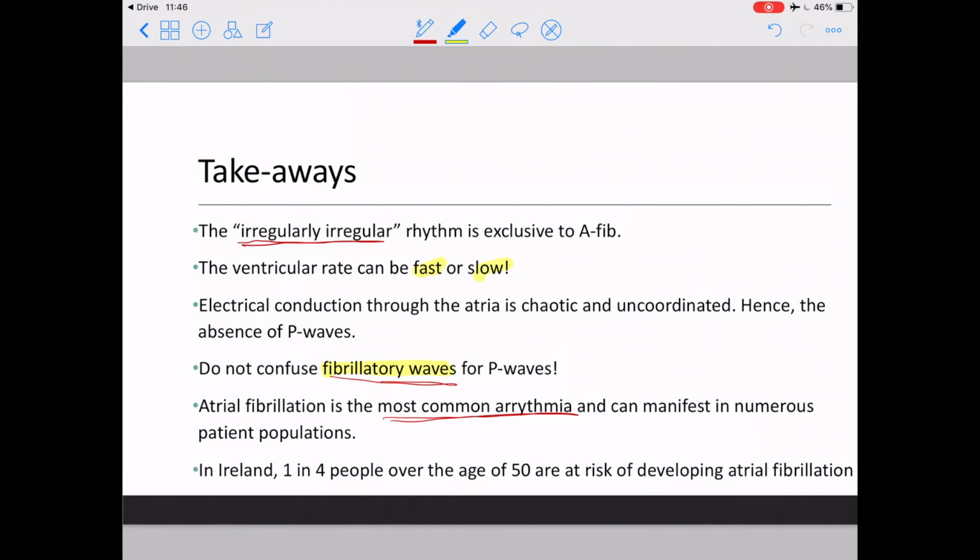And actually in Ireland, 1 in 4 people over the age of 50 are at risk of developing AFib. So this is a really important rhythm or morphology to know for when you're out on the wards. So make sure you take a look at this video and just familiarize yourself with what to look for in atrial fibrillation, and you'll be in good hands.